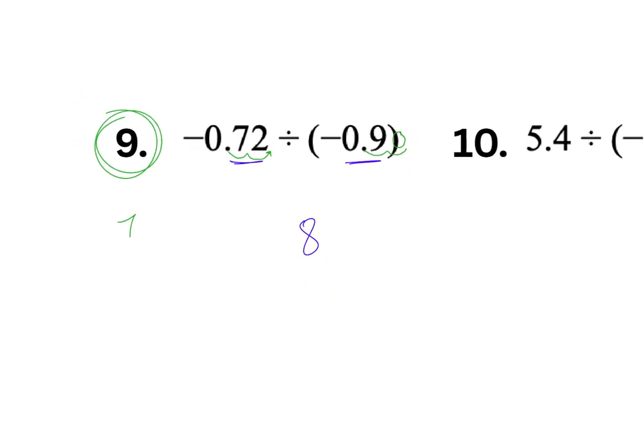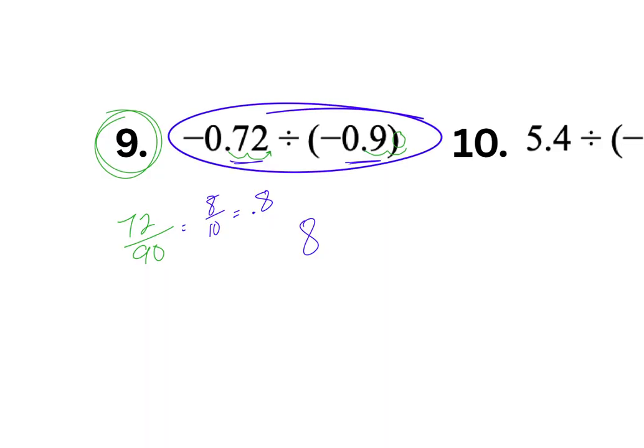So I end up getting 72 divided by 90. And what's going to happen is you can divide both those by 9, and we get 8/10, which is 0.8.